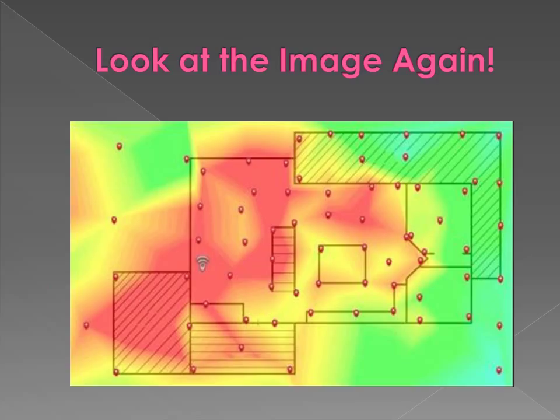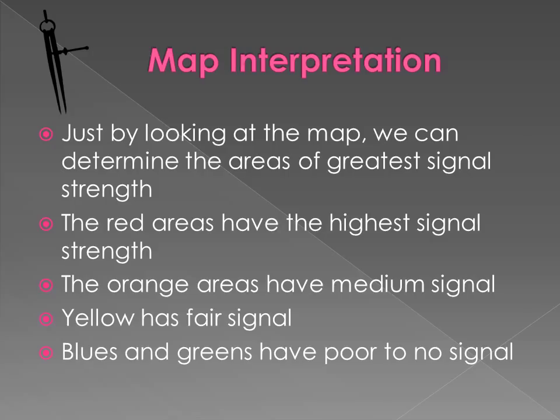So we're going to look at this image again, and with the brief definitions of heat mapping that I have discussed, we're going to go over this in more detail. Just by looking at the map, we can determine the areas of the greatest signal strength. As I've discussed previously, the red areas have the highest signal strength. The orange areas have medium signal, still good.